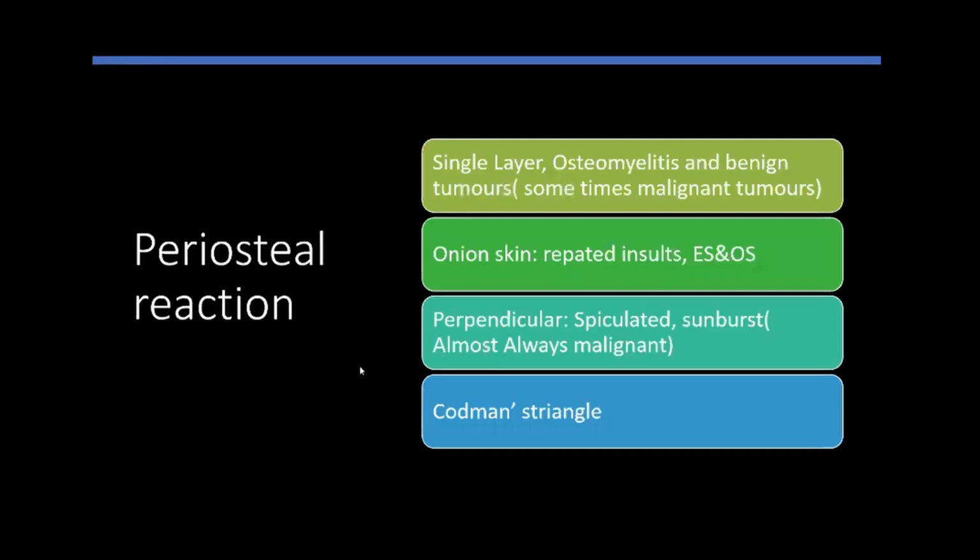The periosteal reaction can be single, like osteomyelitis or a benign tumor, or onion skin. I want to draw for you how the onion skin forms.